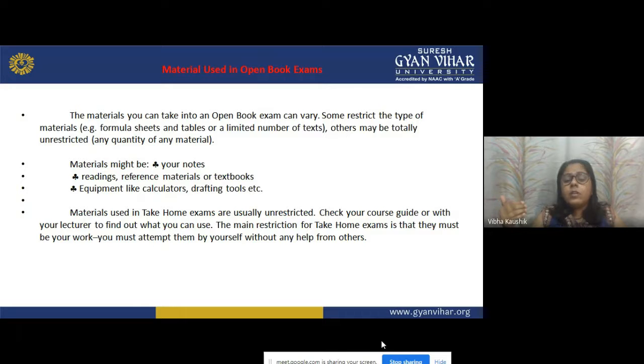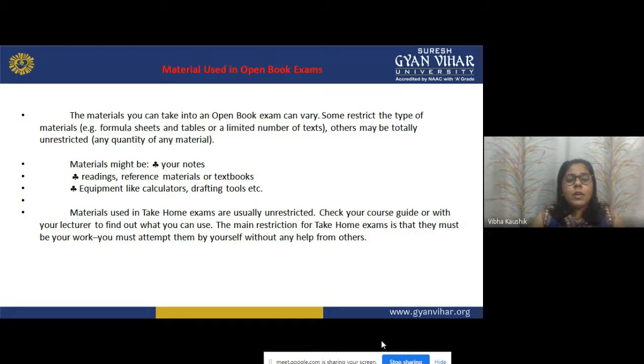It can be the notes which you have prepared yourself only, reading or reference material or textbooks, and equipment like a calculator, drafting tools, etc. You are free to take the calculators or the drafting tools along with you at the time of examination.